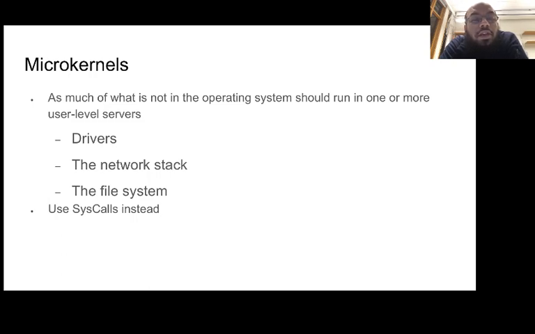And then they run more like user level servers. They run more like applications rather than an operating system. This includes all the drivers, all the network stack, all the file system, and use the syscalls instead. The most famous example of these systems is Minix. Minix 3 now, I think it's Minix 3 if I'm not mistaken.